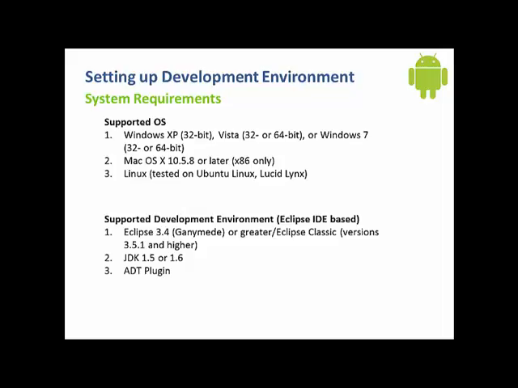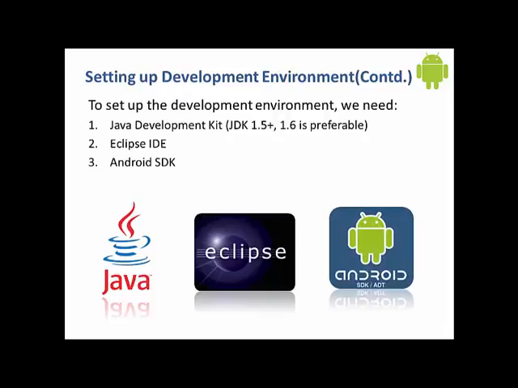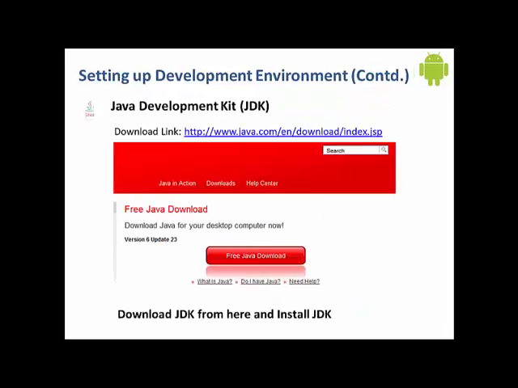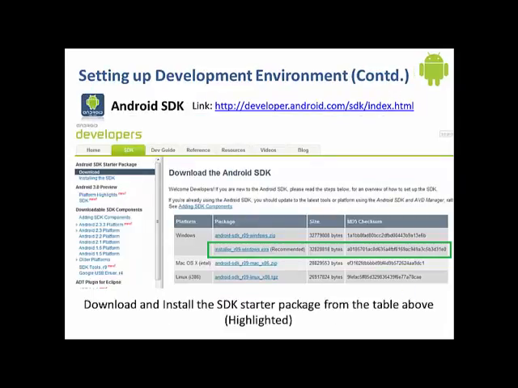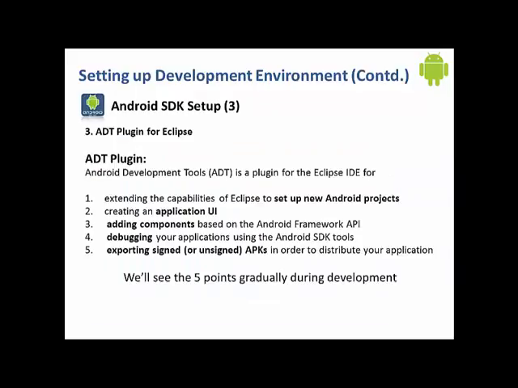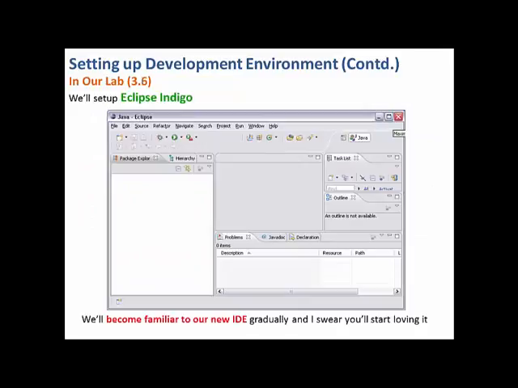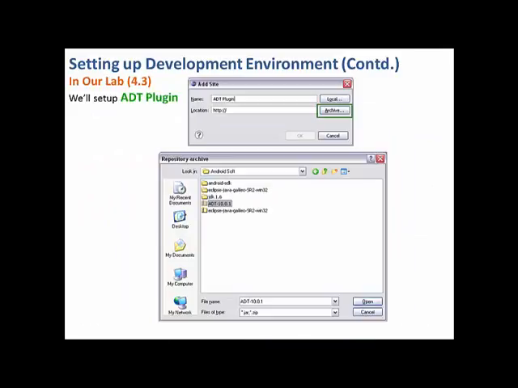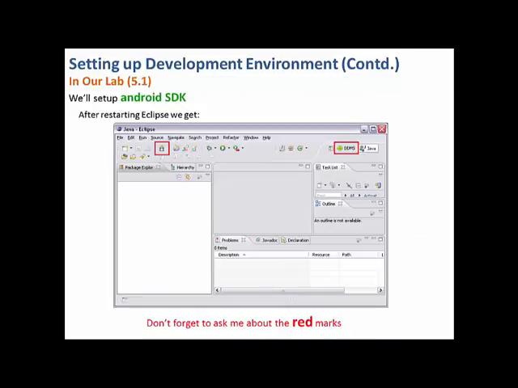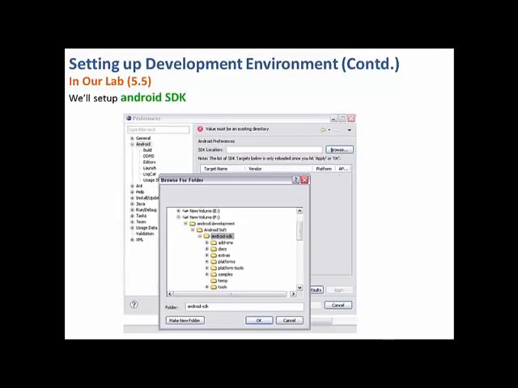We just need to download an ADT bundle from Google. The setup used to be much larger and you needed to download everything separately, but now this installation is made very easy, which we are going to see in the next video. Finally we are going to do all the setup in just one click.